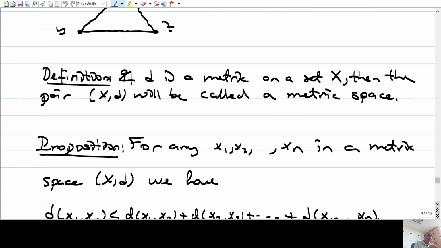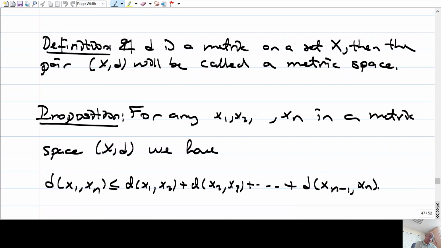If this is a metric, then we will call the tuple (X, d) a metric space. On a set X there can be, of course, many different metrics, and each one will be counted as a different metric space.